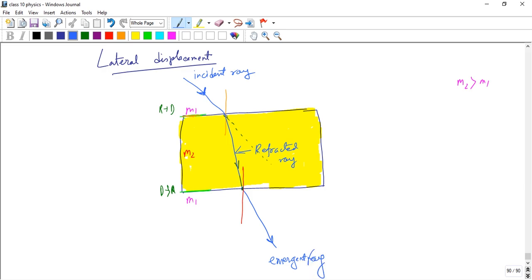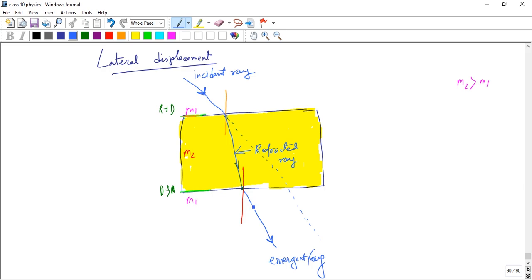And if the ray of light travels a straight path, if medium 1 and medium 2 are both of the same density, then light travels this straight dotted line path. So actually that is a deflection.